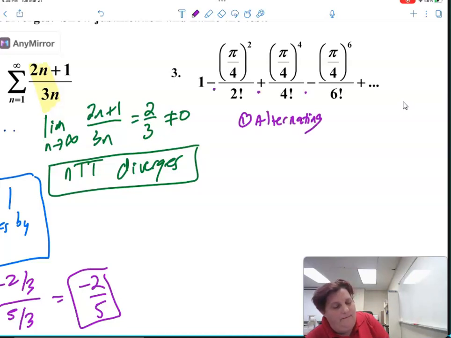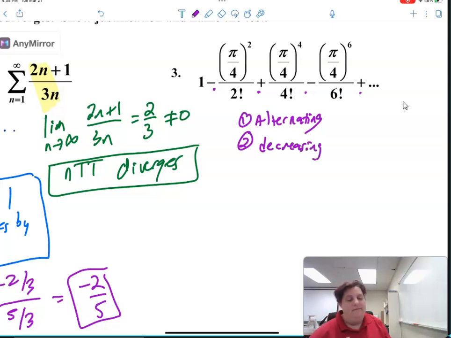Is it? Boom, boom, boom. Yes. 2, every term has to be getting smaller. Well, yeah, certainly every term is getting smaller. Pi over 4 is less than 1, right? So pi over 4 squared, to the 4th, to the 6th, those are getting smaller, and dividing by factorials are definitely getting smaller. So it has to be decreasing.